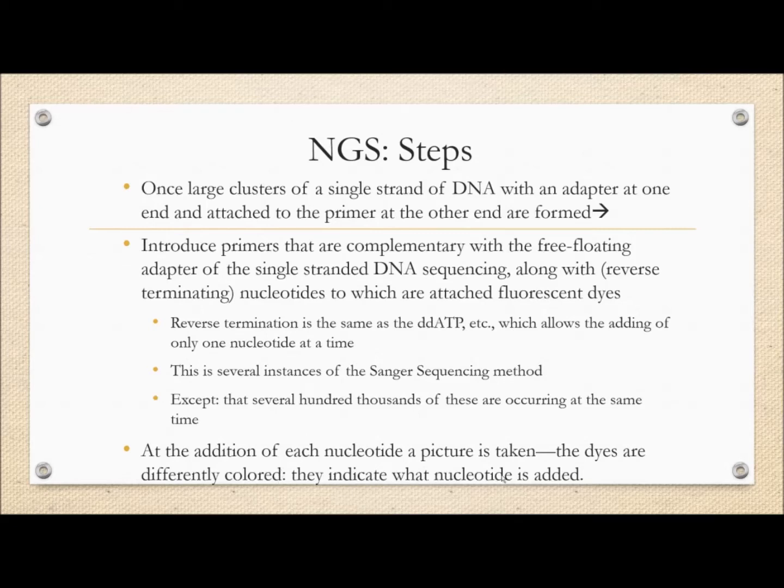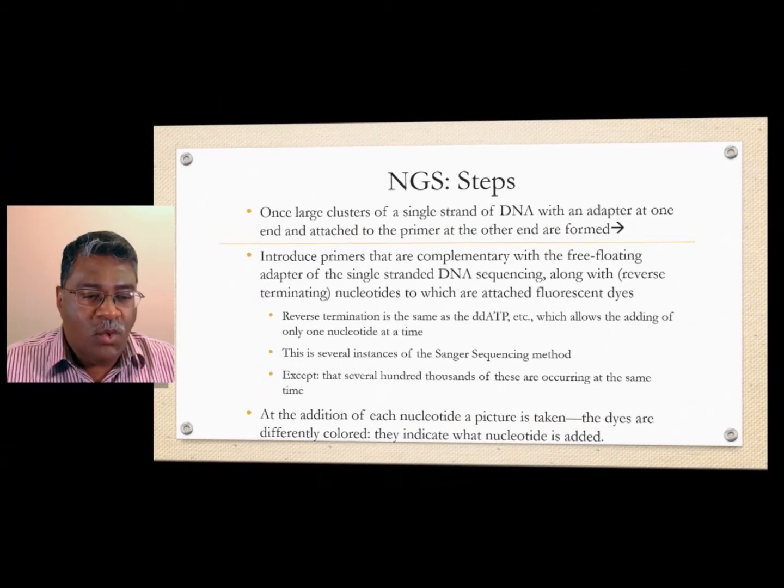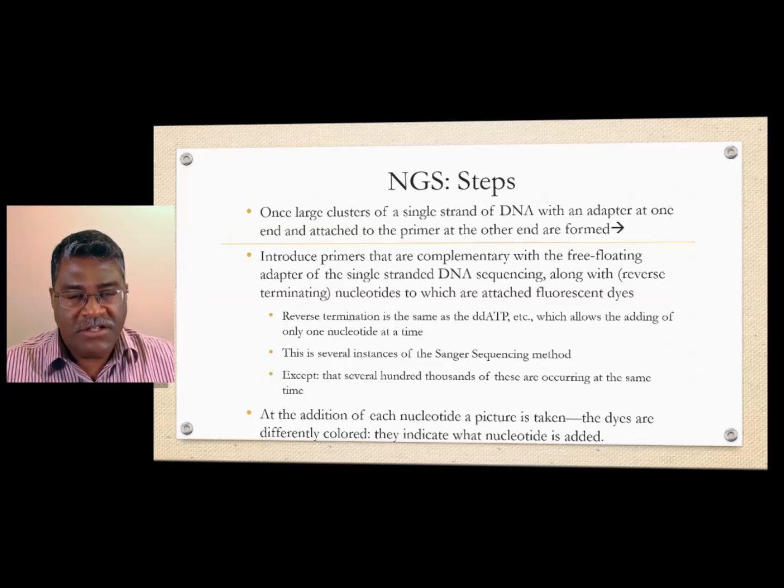They indicate what nucleotide is added. Now, what you have to understand is you already begin to see why this becomes a pretty challenging thing. Because remember, you're creating several hundred thousands of these, and at the addition of each nucleotide, where there is the complementarity, you begin to get a picture.